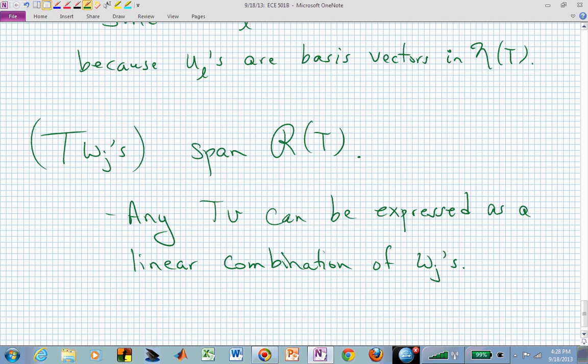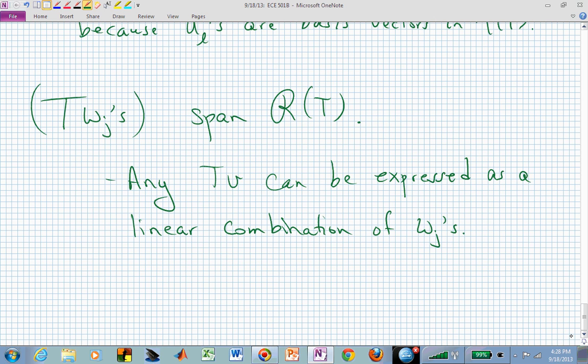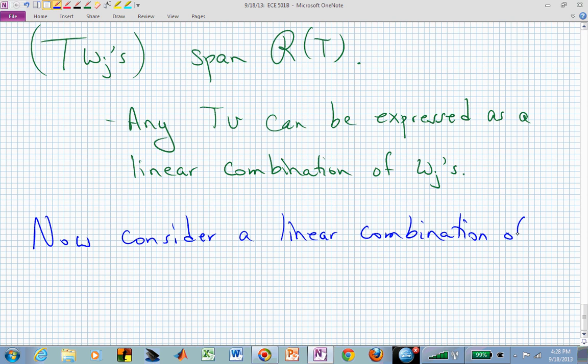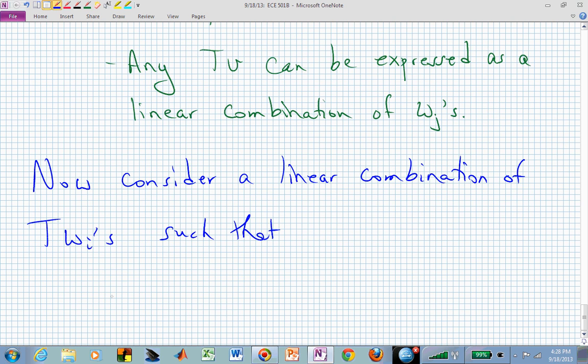So now, let's look at a generic linear combination of the mapped w vectors. Let's consider a linear combination of these T w i's such that the following happens.